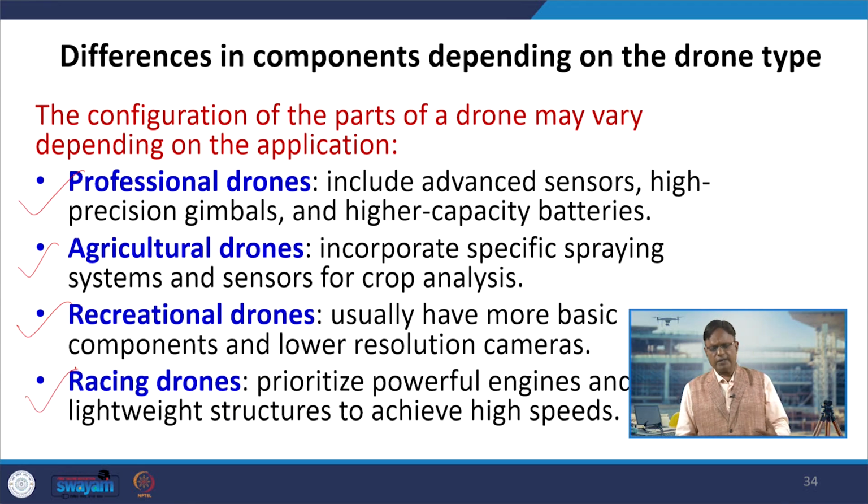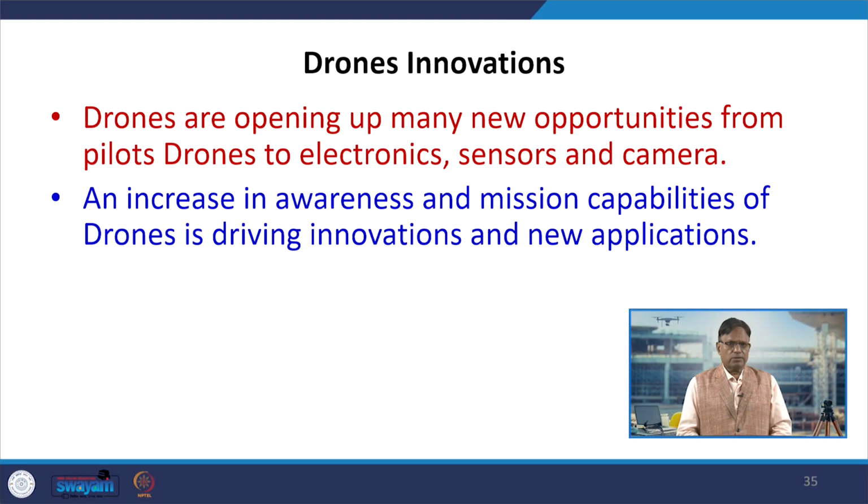Racing drones will prioritize power engines, because they are used for speed, and a lightweight structure to achieve very high speed. So, depending upon the utility of the drone, there will be a difference in the various components of the drone systems. Now, the various components of the drone are opening many opportunities, from pilot drones to the electronics to the sensor systems and the camera systems which are used.